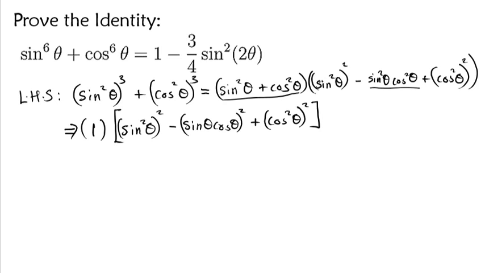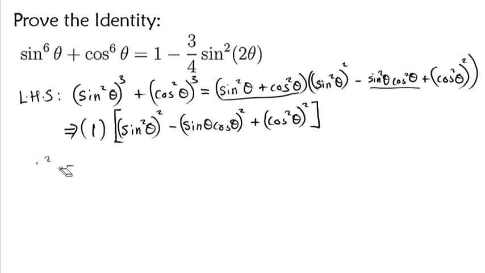So now let's use something that we know. We know the identity sine square theta plus cos square theta is equal to 1. From this identity, I can make sine square the subject of the formula. But the problem is we have other squares on the outside bracket, so this won't work.